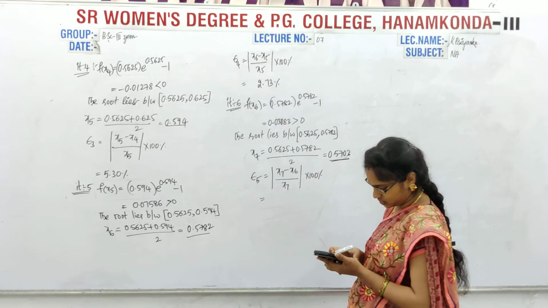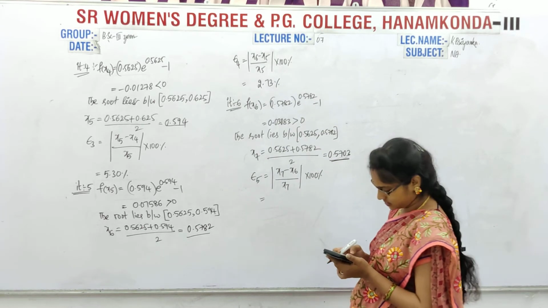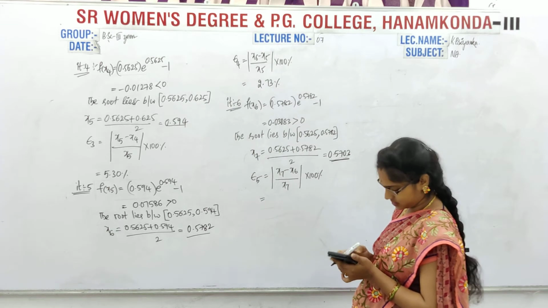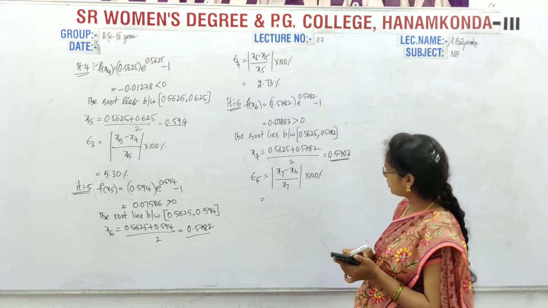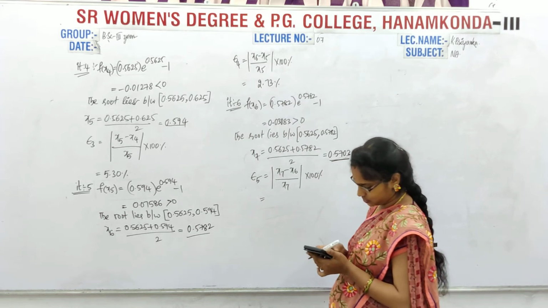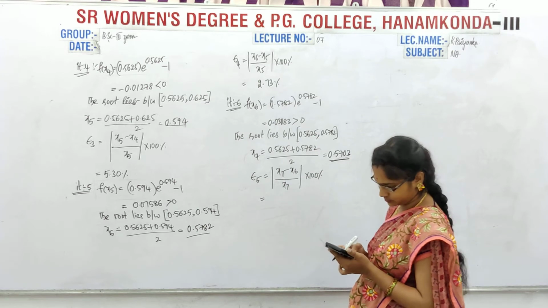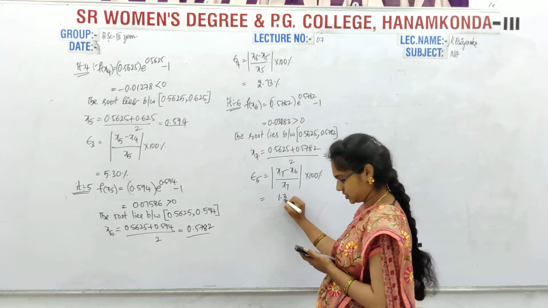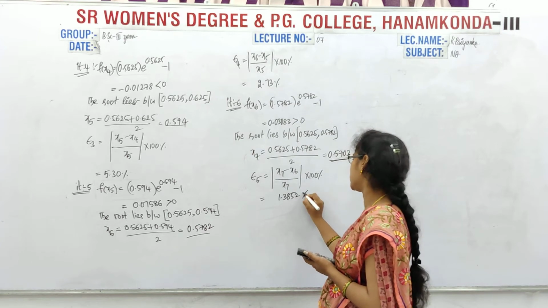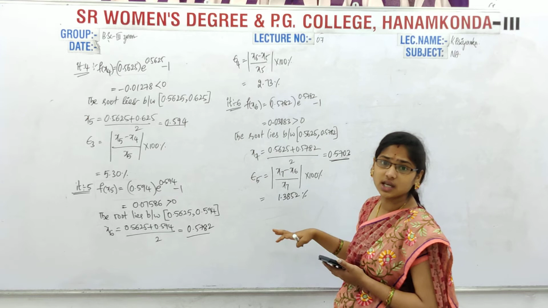That is (0.5703 minus 0.5782) divided by 0.5703 into 100. So it is 1.3852 some percentage. So every time the error is decreasing, right?